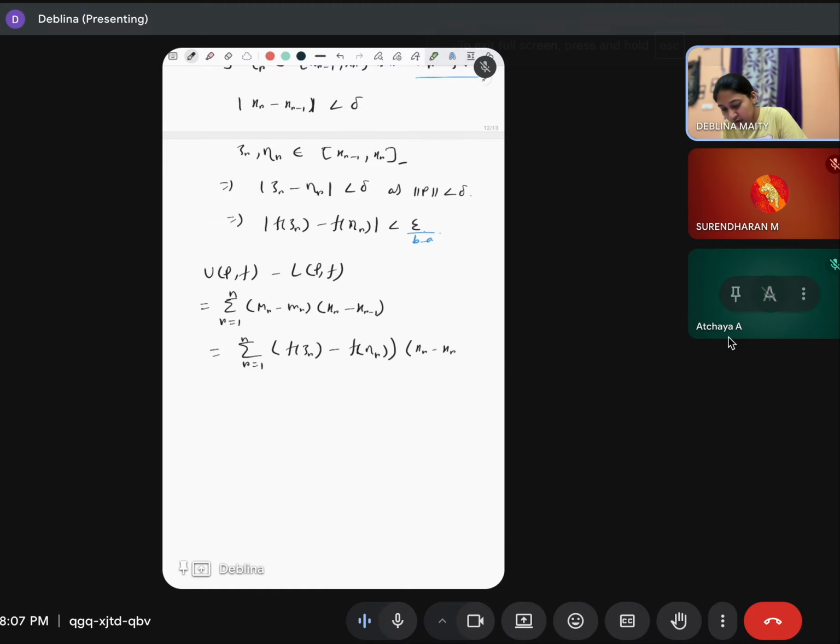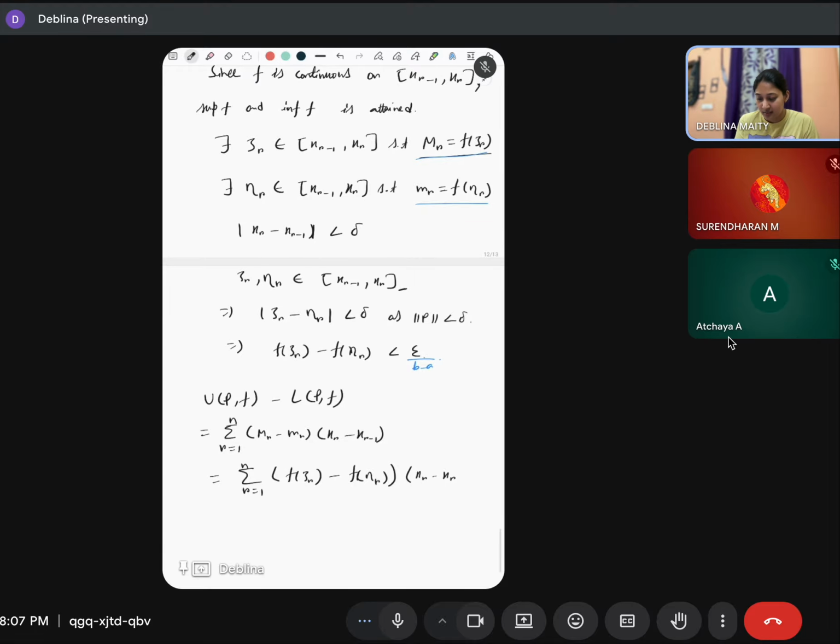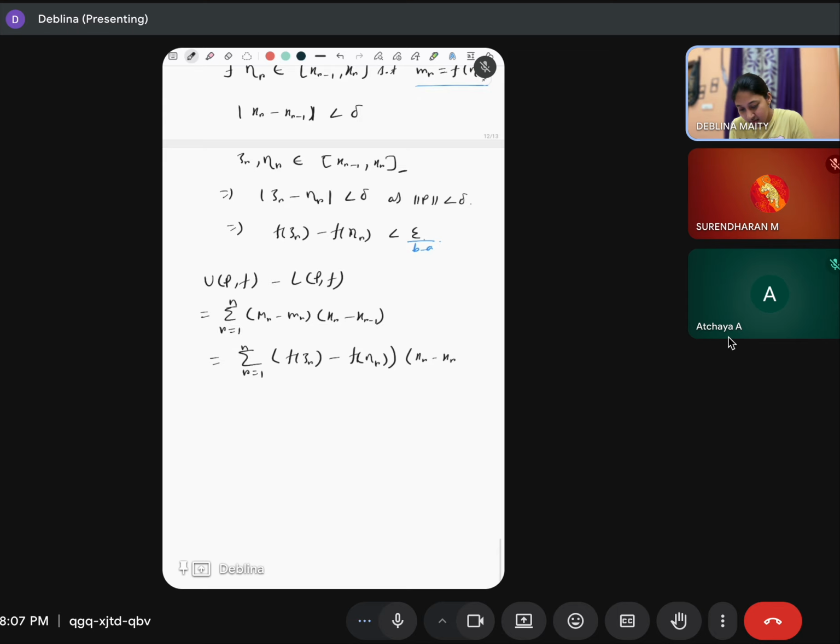So there is no need to take the modulus, because f of zeta_r is the maximum value and f of eta_r is the minimum value, right?